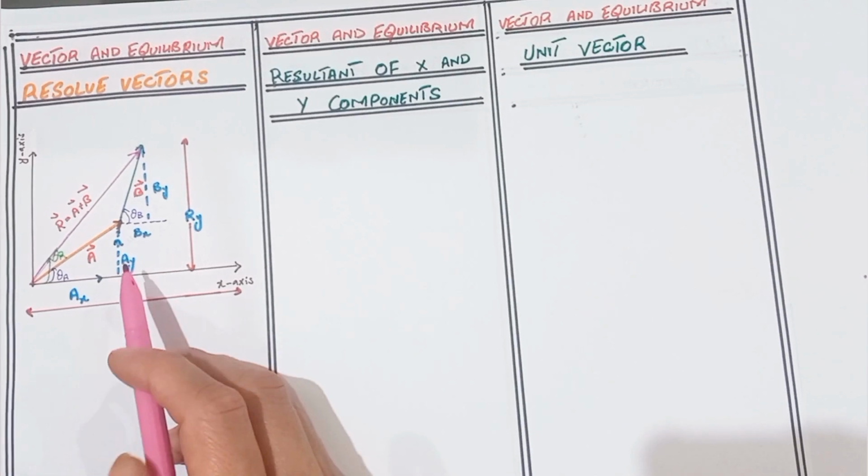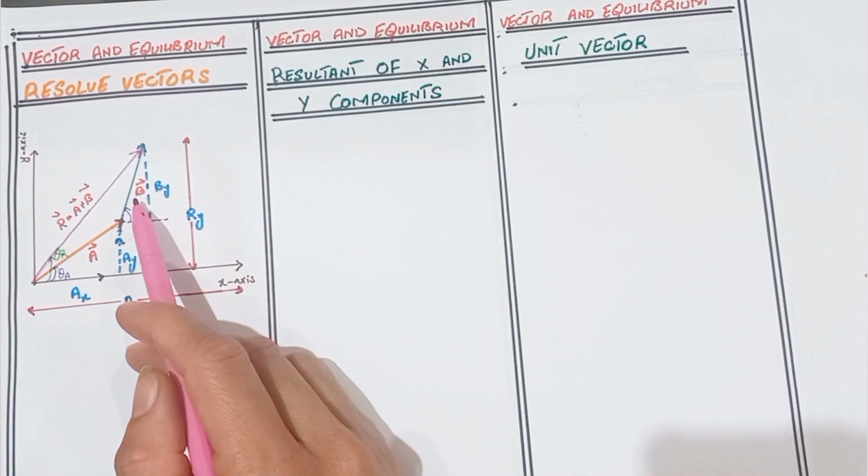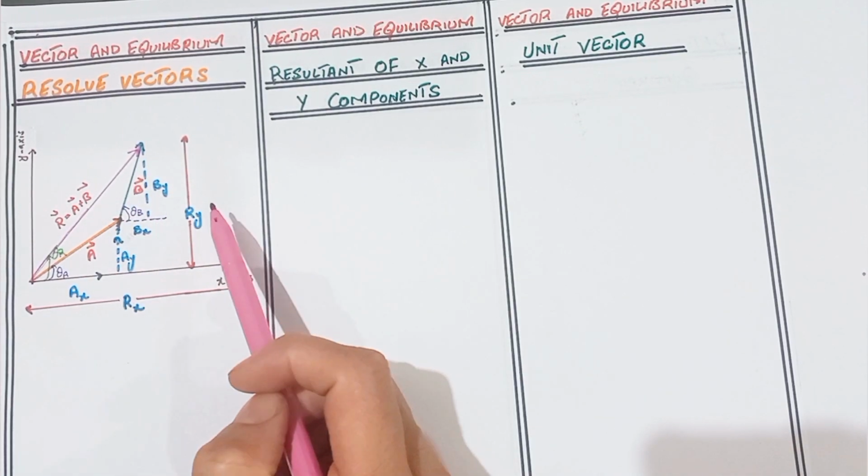Now we resolve the vectors A, B and R. In this figure, we resolve vector A into rectangular components AX and AY, vector B into rectangular components BX and BY, and resultant R into rectangular components RX and RY.